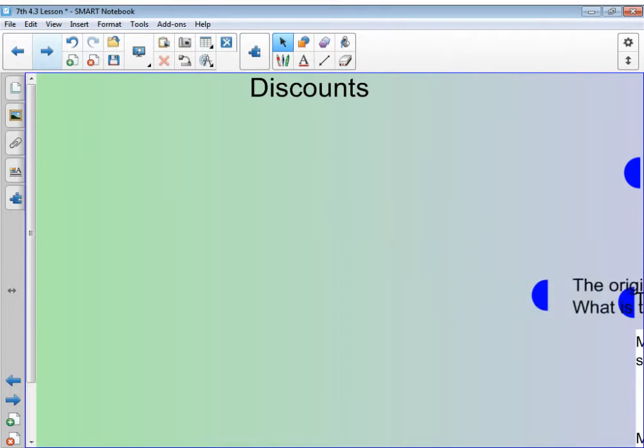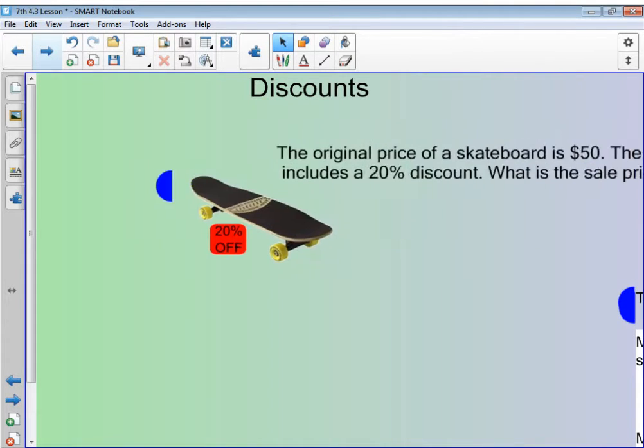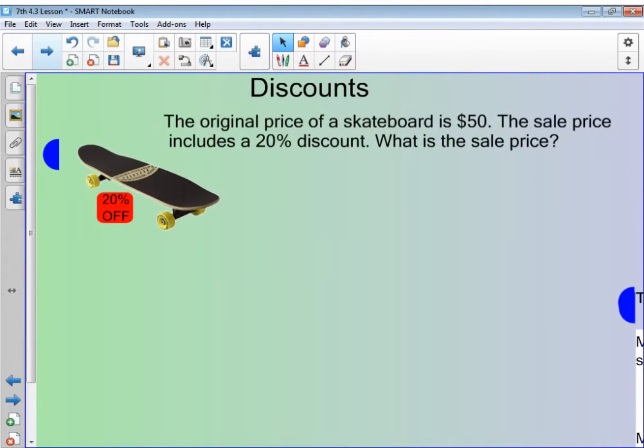Okay, I want you guys to try this one. It says the original price of a skateboard is $50. The sale price includes a 20% discount, a decrease. So that's our decrease. What is the sale price?